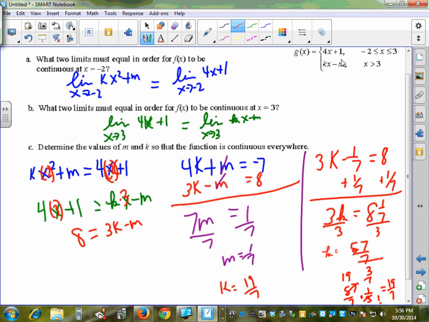Then we know that 4x plus 1 was equal to kx minus m at x equals 3. Okay, 4 times 3 was 12, plus 1 makes 13. Ooh. Okay, so I have made a mistake right there. All right, that should be 13.